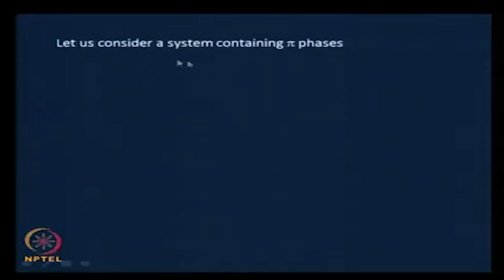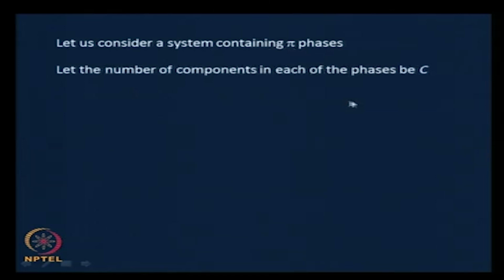It is a little difficult to imagine different vapor phases, but certainly there could be different liquid phases and different solid phases. Therefore, let us say in general that the system contains pi phases, and let the components in each phase be C, and we are going to implicitly assume that each component is present in all the phases.